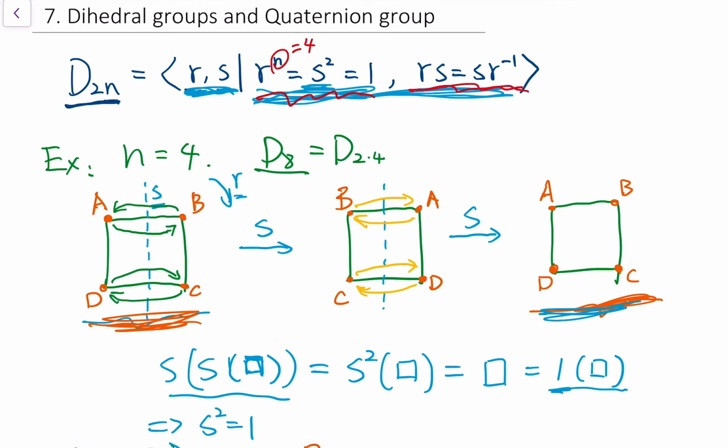So we apply S at first, which is the symmetry, the flipping. Then we rotate the shape. It is equal to doing the inverse of rotation, which is rotating the shape in the opposite direction, and then applying the flipping.